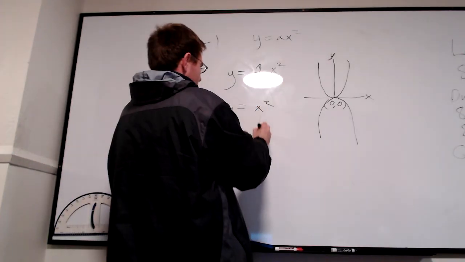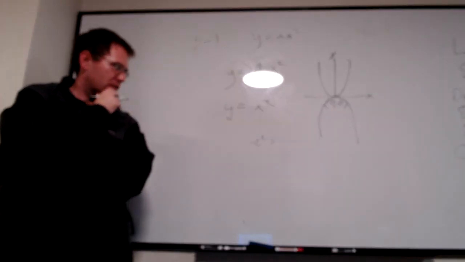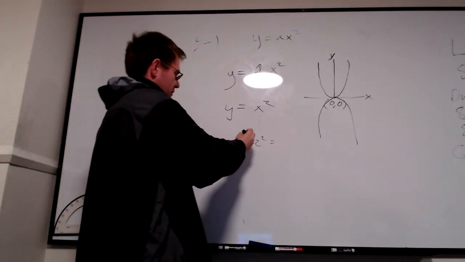Say I had negative 2 squared. What's that going to equal? Put it in parentheses.